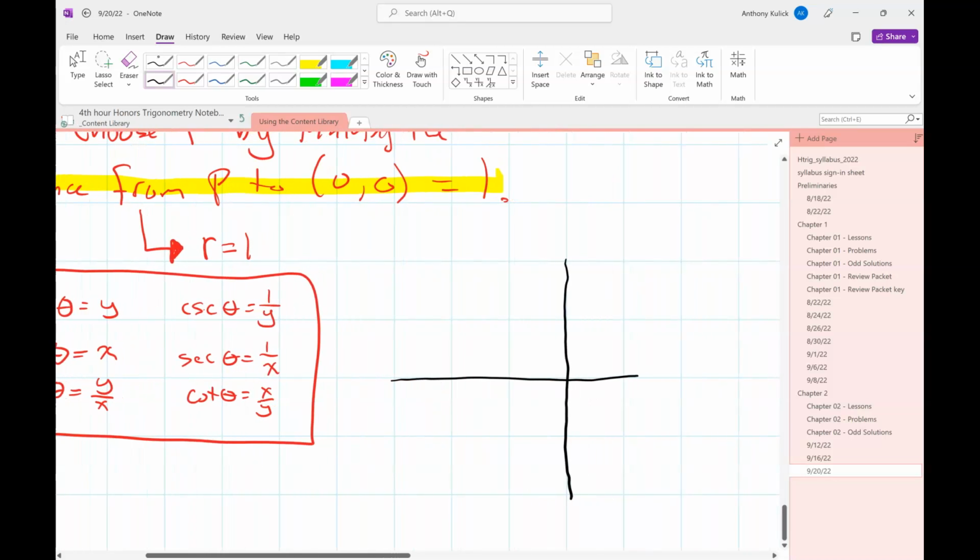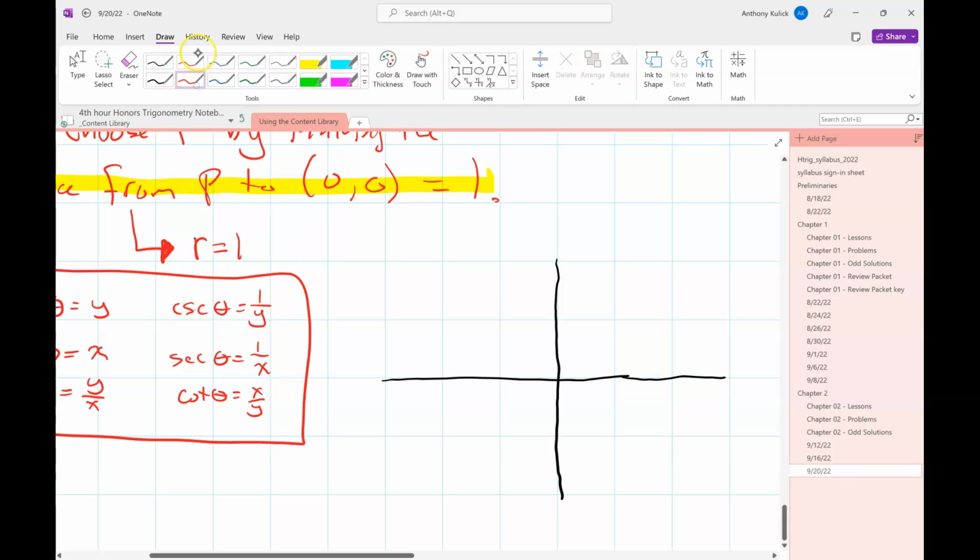So let's imagine that we want to talk about all angles, all standard position angles. And I want to consider where that point P would be on all standard position angles. So 1 unit from the origin, P could be there, or maybe there, or there, or there, there.